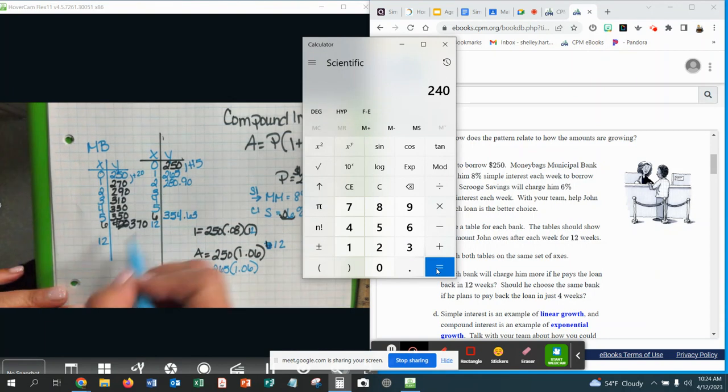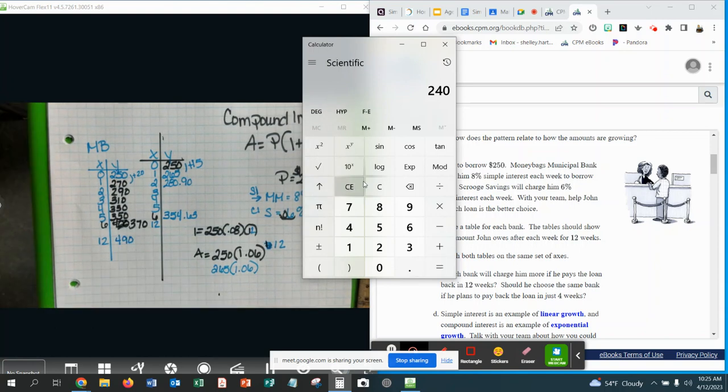We're going to add 250 and 240, which is going to be 490. This one, we don't need to do that. We've got 250 times 1.06 special button 12.